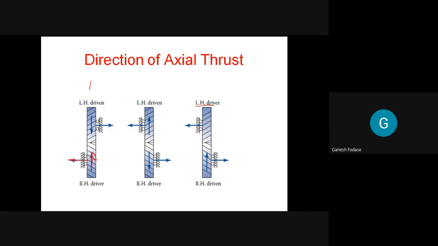If I curl my fingers in the direction of rotation, my thumb gives the direction of axial thrust. That we discuss in detail during regular lectures. So if it is towards this side, then on the driven gear, axial thrust will act on the opposite side. Like this, we can determine the direction of axial thrust by using a thumb rule. So remember this concept, how to determine axial thrust.